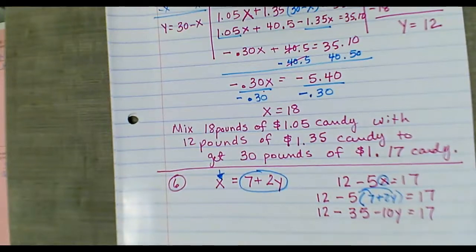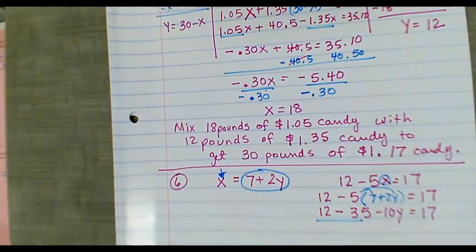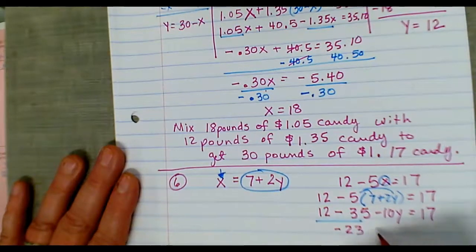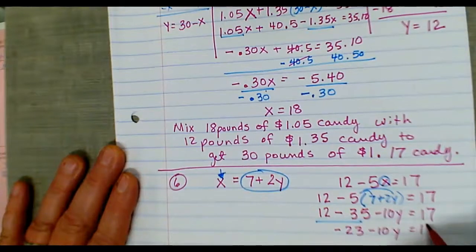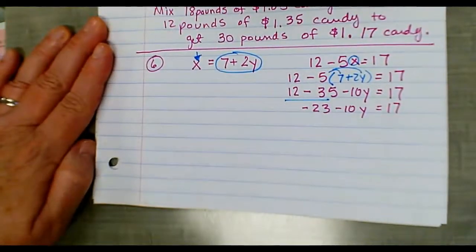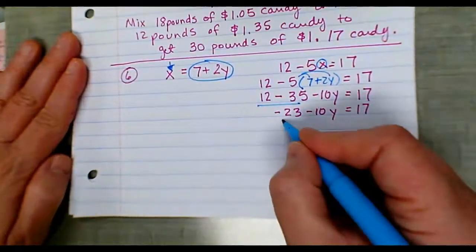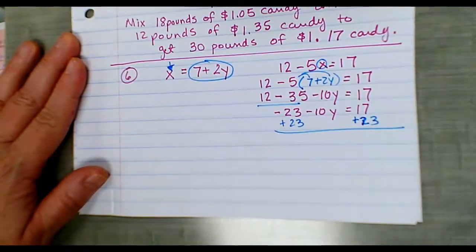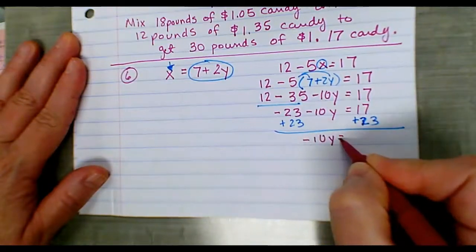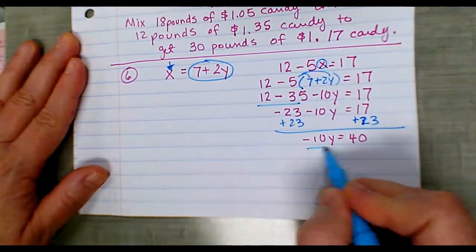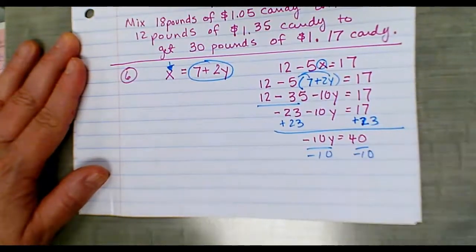I'm going to combine like terms. I am going to add 23 to both sides, and divide by negative 10.